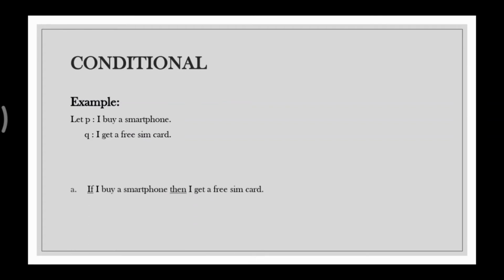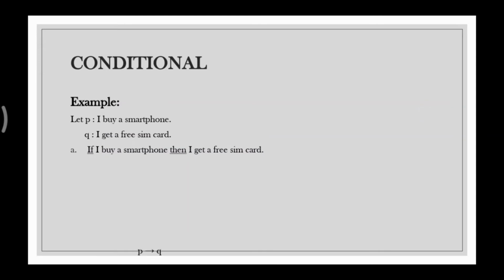The example for conditional is let P be the proposition I buy a smartphone, and let Q be the proposition I get a free SIM card. Letter A. If I buy a smartphone, then I can get a free SIM card.